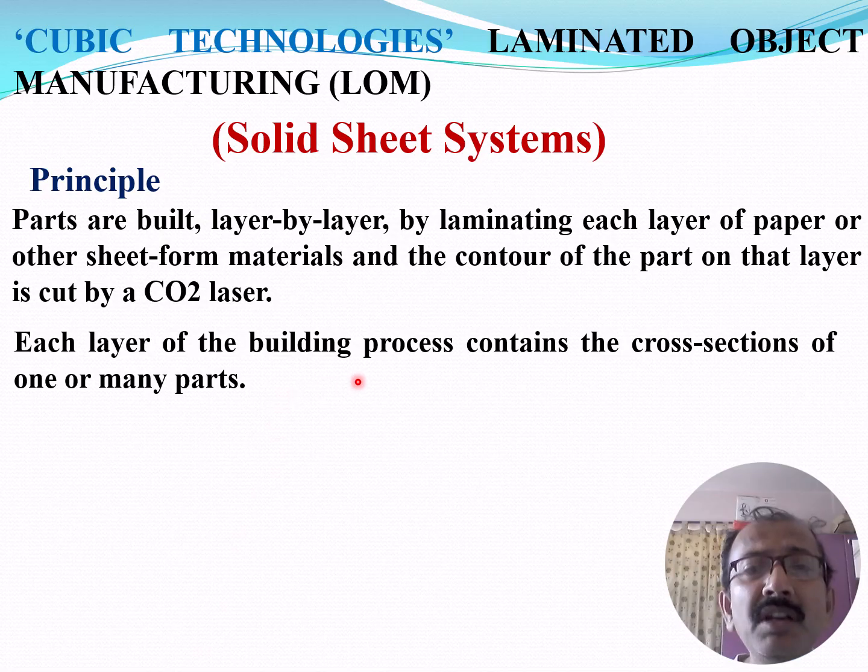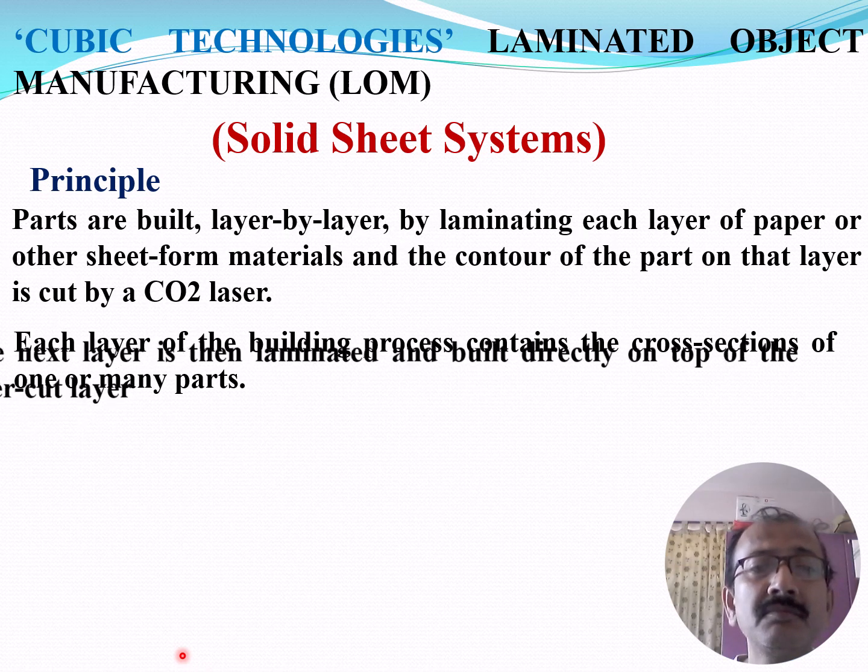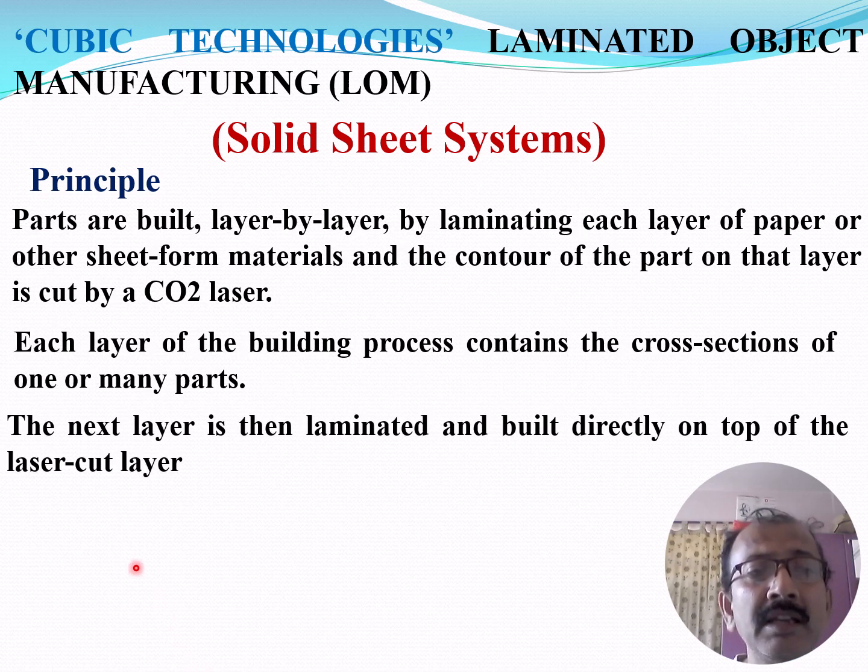Each layer of the building process contains the cross section of one or many parts. The next layer is then laminated and built directly on top of the laser cut layer. So that is very simple and easy to understand.